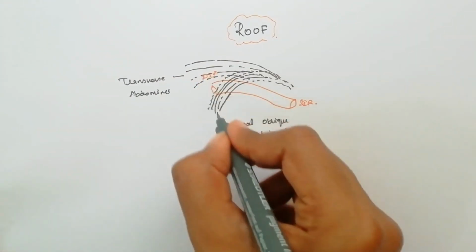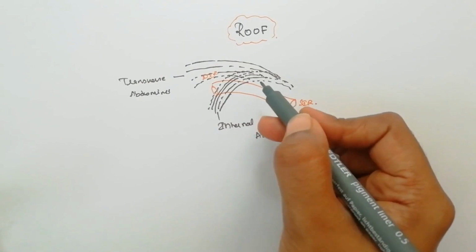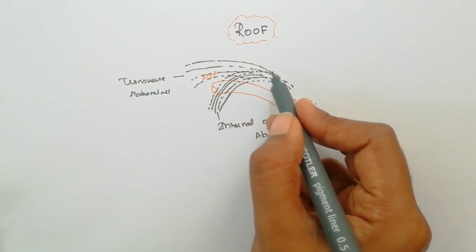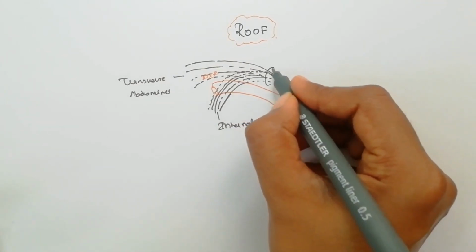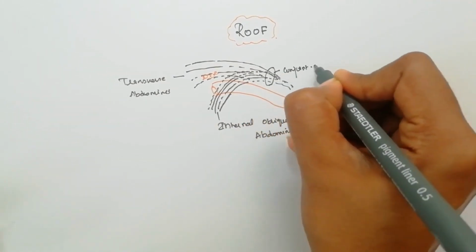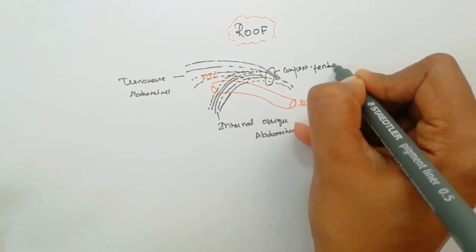These are the two muscle fibers which are going to arch above the inguinal canal to join the posterior aspect as conjoint tendon. This aspect is called the conjoint tendon, which we saw in the posterior wall.